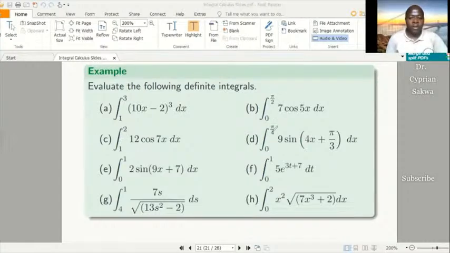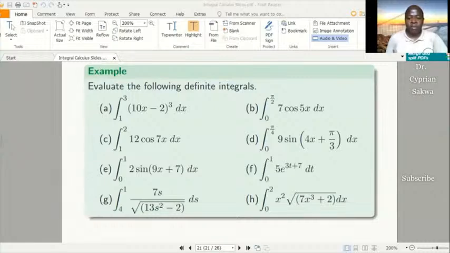And look at this one, this is also an angle, and this one is just numbers. So I've put these two examples, C and E, to show you how to integrate when our limits are numbers, and B and D will help you see how to integrate when the limits are angles. Then I have G and F, to help you know how to integrate when I have a root in the denominator, again just using substitution the same way we've done before.